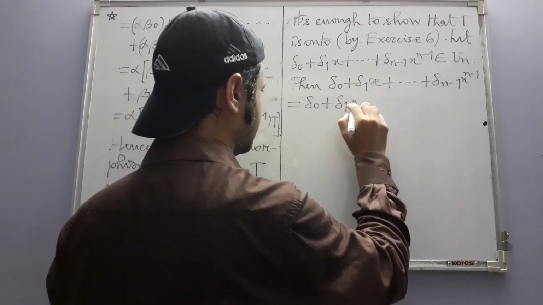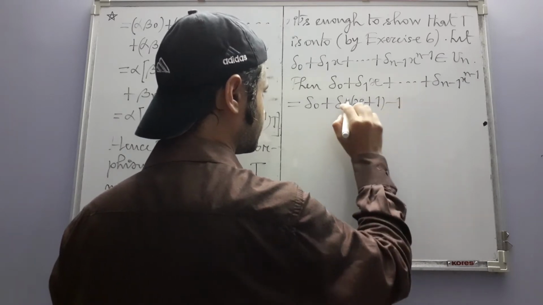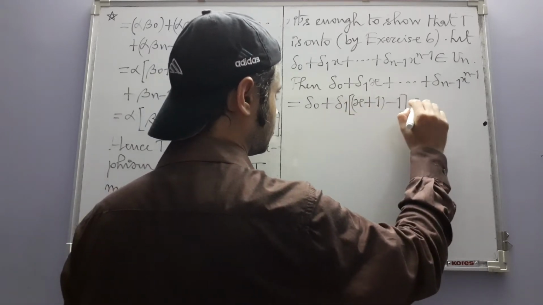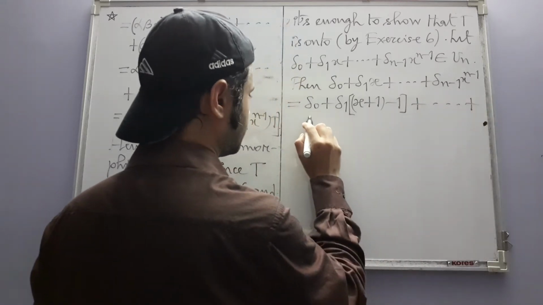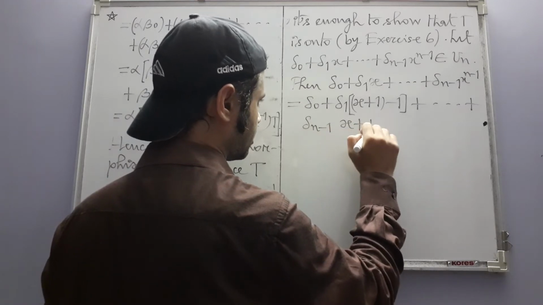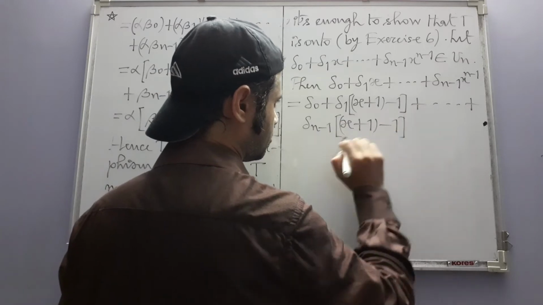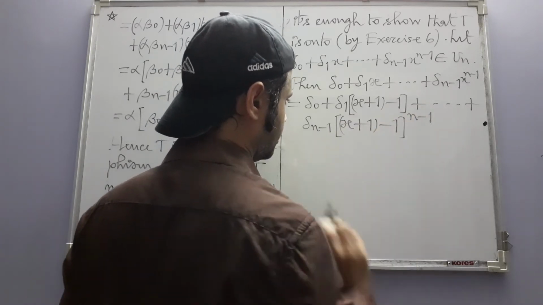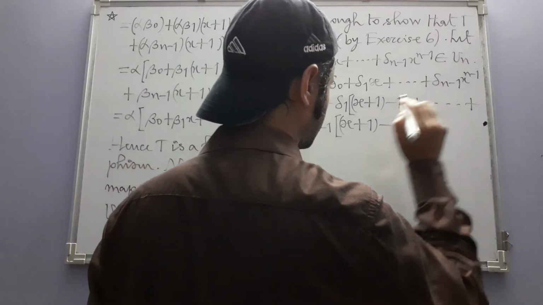We can write x as x plus 1 minus 1. Just like that, this one as x plus 1 minus 1 to the n minus 1. Okay.